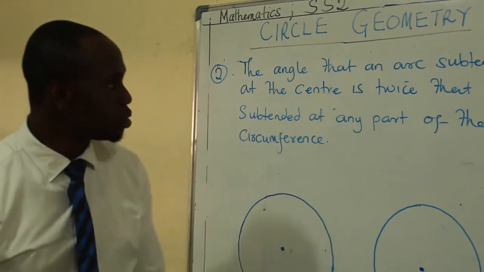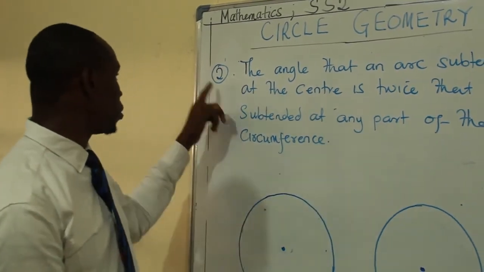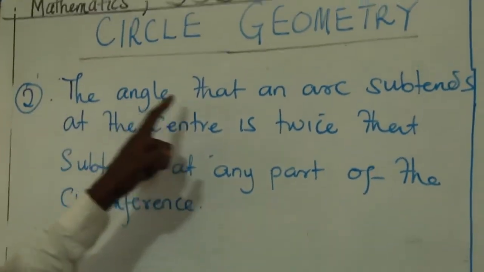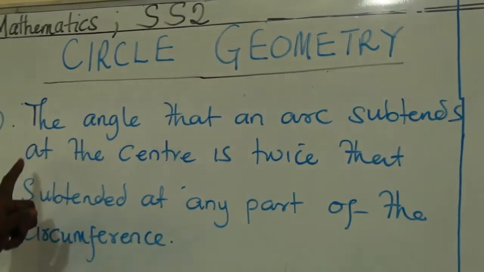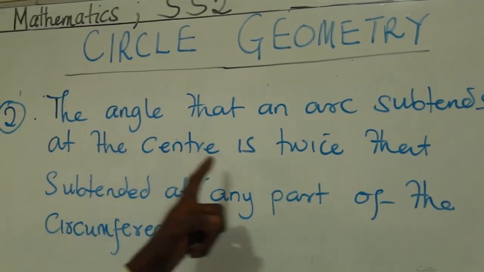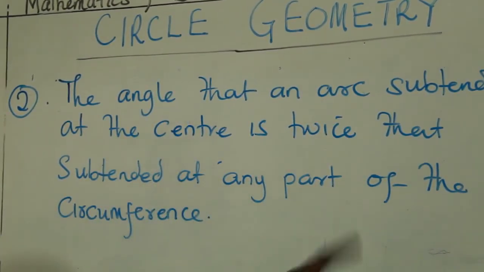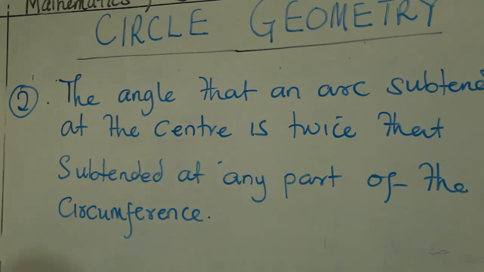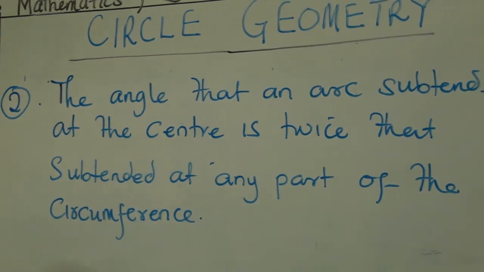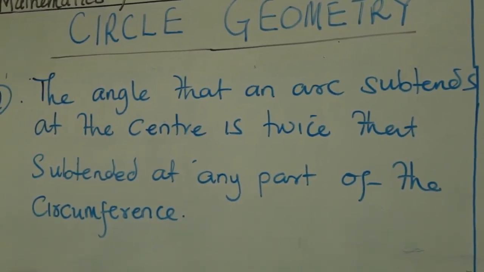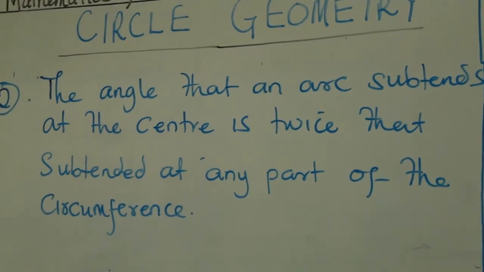So we have the next circle theorem here written on the board. The second one says that the angle that an arc subtends at the center is twice that subtended at any part of the circumference. The angle that an arc subtends at the center is twice that subtended at any part of the circumference of the circle.